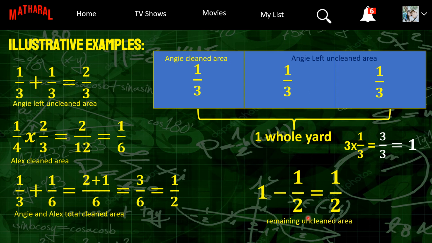We're going to subtract it. The difference or the answer is equal to 1 half. At itong 1 half na pong ito ay yung sagot doon sa ating word problem. This is the remaining unclean area na hindi nalinis o natira mismo nila Angie at ni Alex.